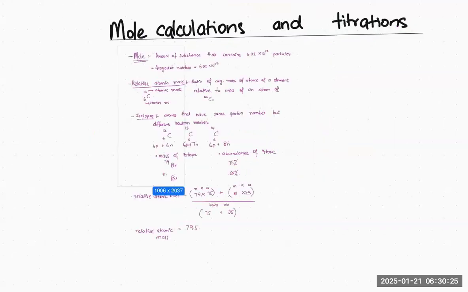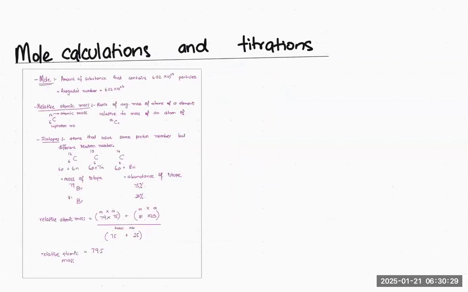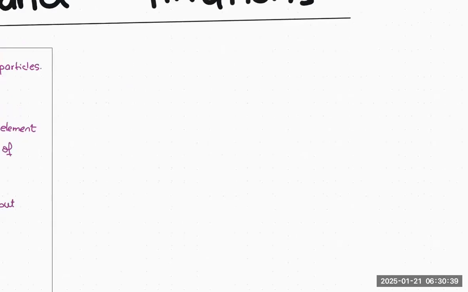Now, coming on to our mole formulas, there are basically three or four mole formulas that are very important and that you should make an effort to remember. Number one, the most common formula.